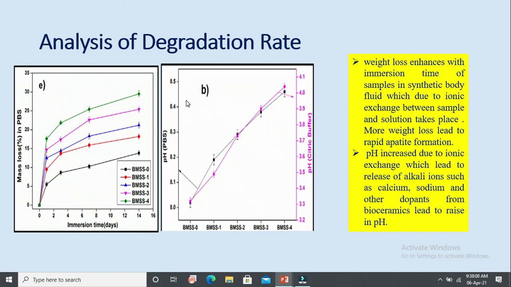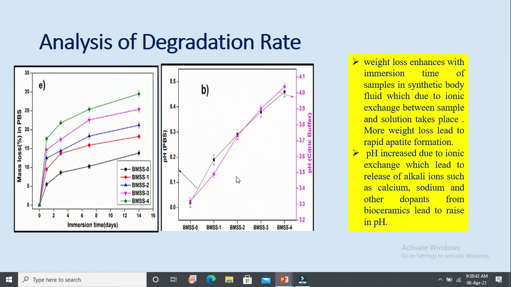Whereas pH change can also be detected, which indicates that with the increase in the time interval, the pH change increases, which is because the bioceramic surface contains alkaline ions, that is calcium, phosphate, sodium, which on immersion in the body fluid lead to an ionic exchange process with the release of these alkali ions into the solution.